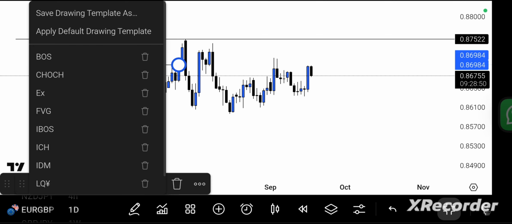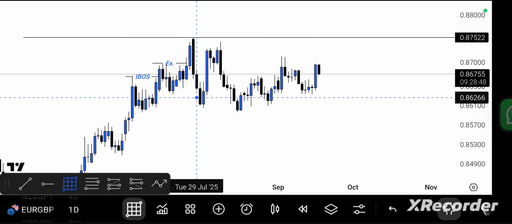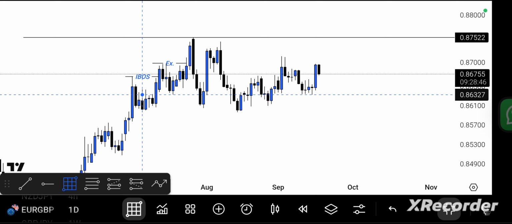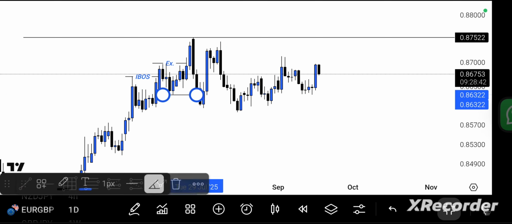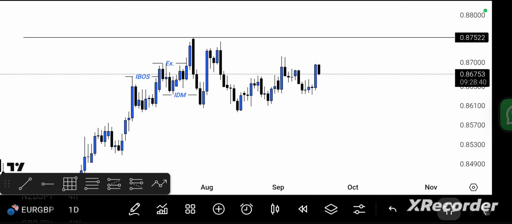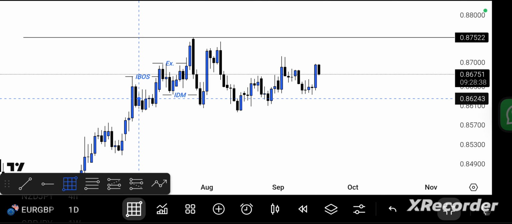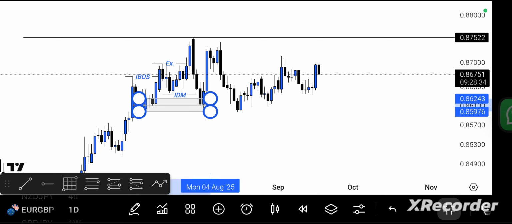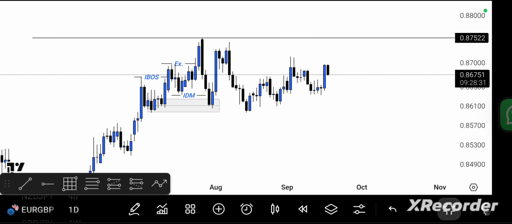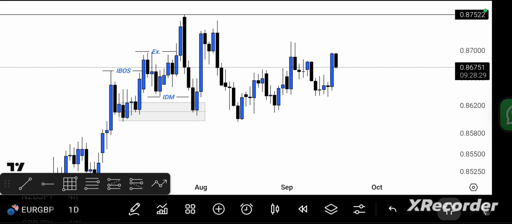So we have this as an extension, and we have this as inducement. Then we have this as the order block or order flow. So let's jump down to the 4-hour time frame to see things more clearly.